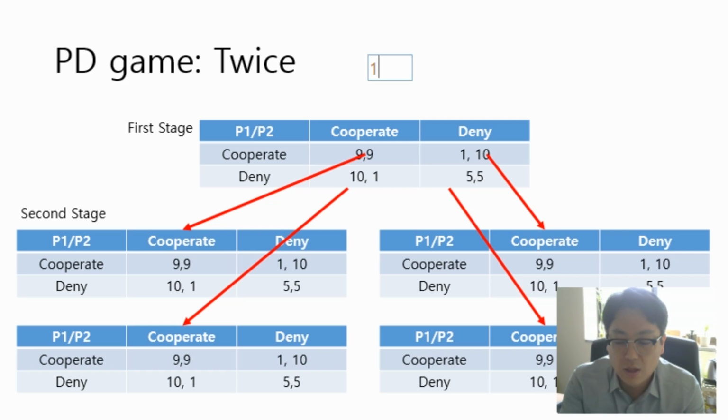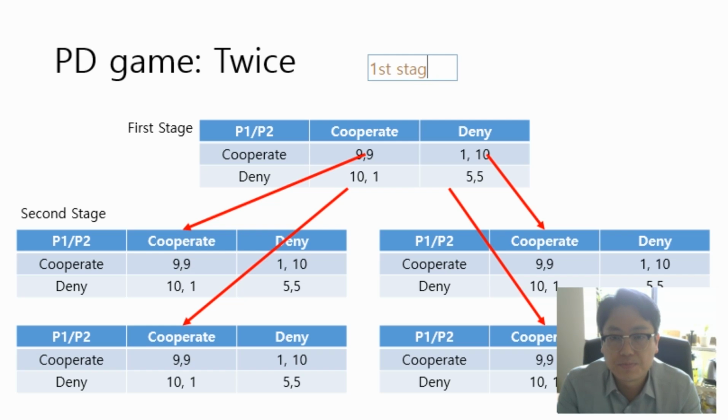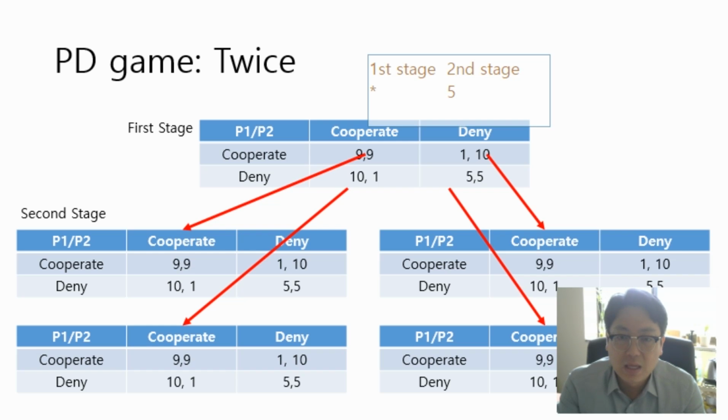Said differently, in the first stage and second stage, no matter what strategy is chosen, in the second stage they will get 5. What it means is that the first stage's choice has nothing to do with the payoff they will get in the second stage.